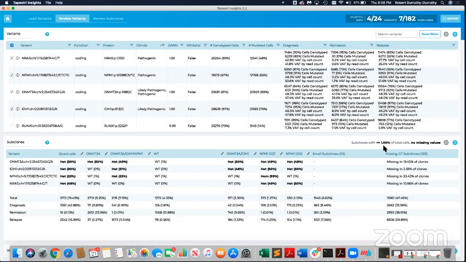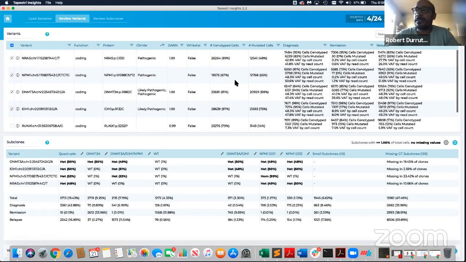Okay. Another question here. How many variants should you select in that long list that you started with? That's another good question. That is dependent on a number of factors, including the number of samples you loaded, the panel that you actually used to generate the data, and the disease that you are trying to understand. The larger the panel, the more likely it is that your variant count is higher.